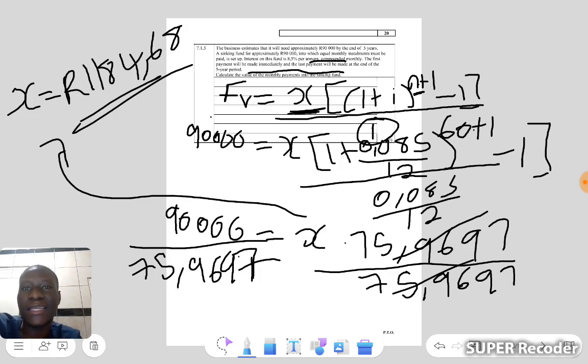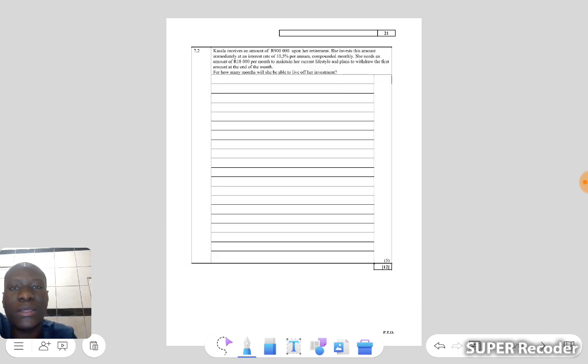It means that every month, for that 5 year period, they will be putting 1,184 rand into the sinking fund. That's what we were calculating. I hope that is clear. Finance is easy because if you know the formula to use, you know the way. So let's go to 7.2.